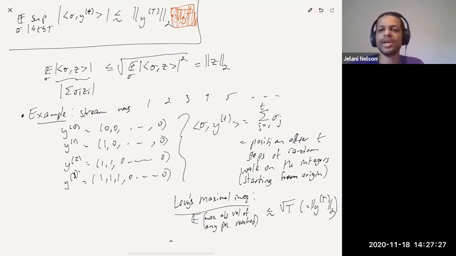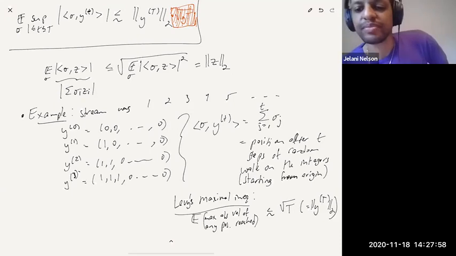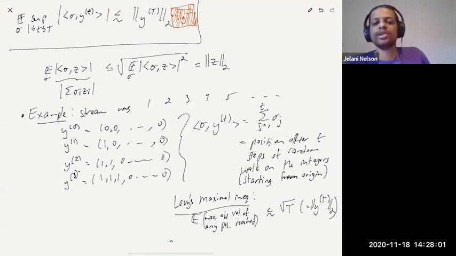So this lemma is a generalization of Lévy's maximal inequality in two ways. One is that it works for an arbitrary evolution of an insertion-only stream, not just the stream 1, 2, 3, 4, 5, but any insertion-only stream. Maybe the more surprising way is that the typical proofs, like the reflection principle proof, very crucially use the fact that your random decisions over the time steps are independent of each other.